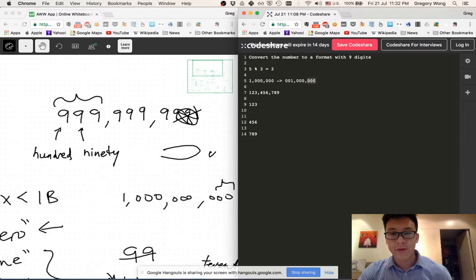And then after I'm done with that, I move on to the next 3 digits, and then after that I move on to the next 3. So basically I'm adding to the beginning of the string.